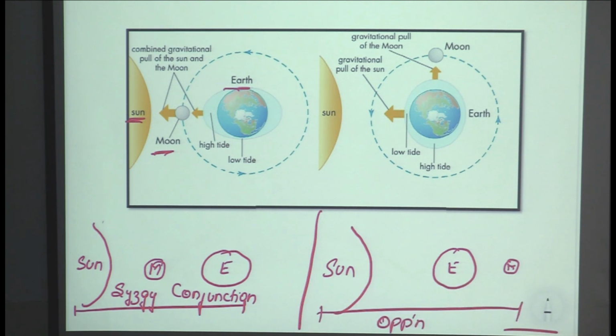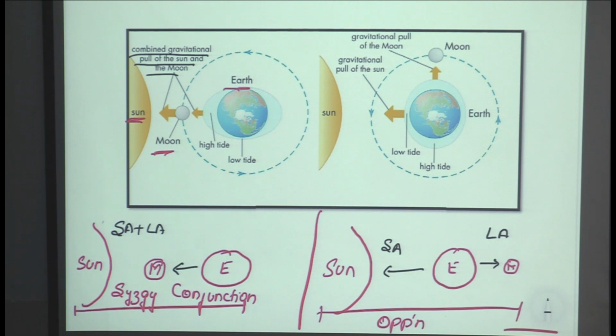Syzygy conjunction: the combined gravitational pull of sun and moon is working on one side. So I have solar attraction and lunar attraction together on this side, right? And if it is Syzygy opposition, lunar attraction is here and solar attraction is here, on the opposite side.